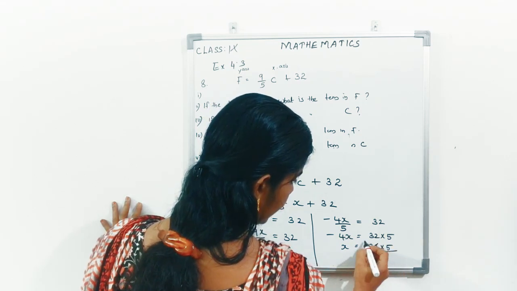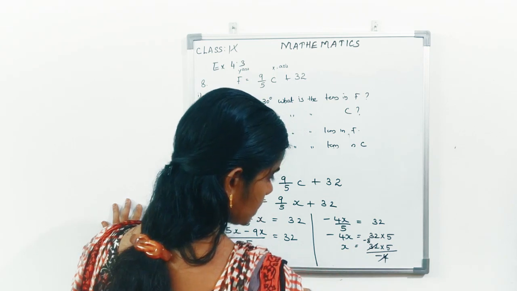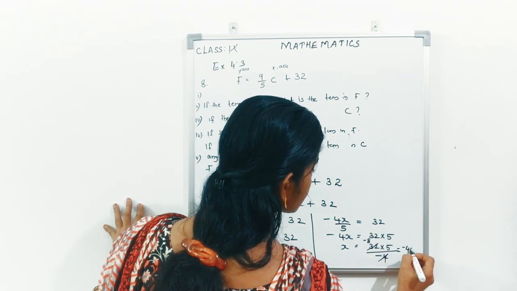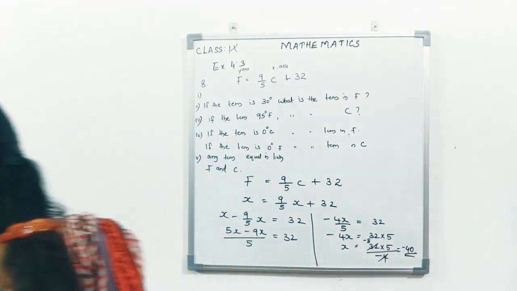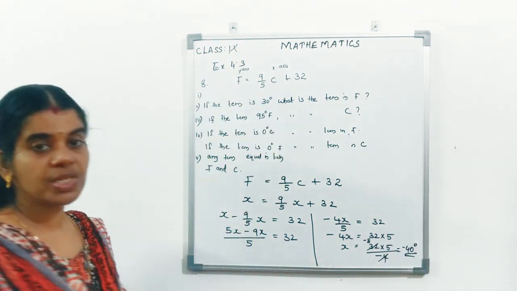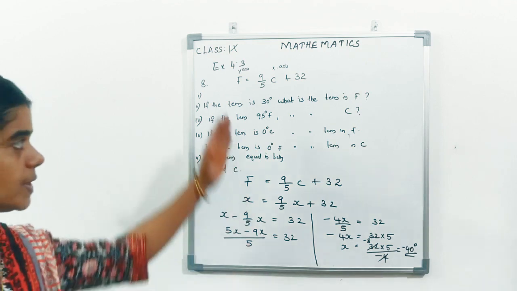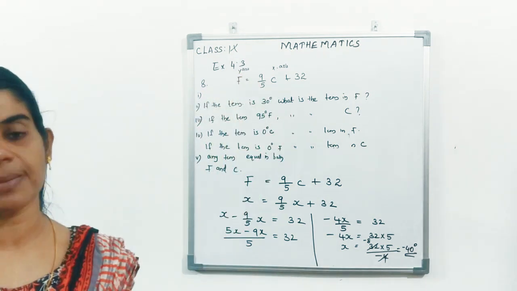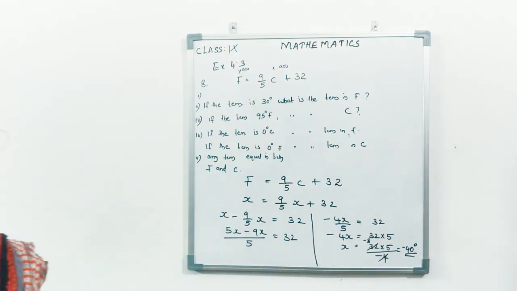Then you will get minus 8 into 5, that is equal to minus 40. If the temperature is minus 40 degrees, both the Fahrenheit temperature and the Celsius temperature will be equal. Is it clear now?